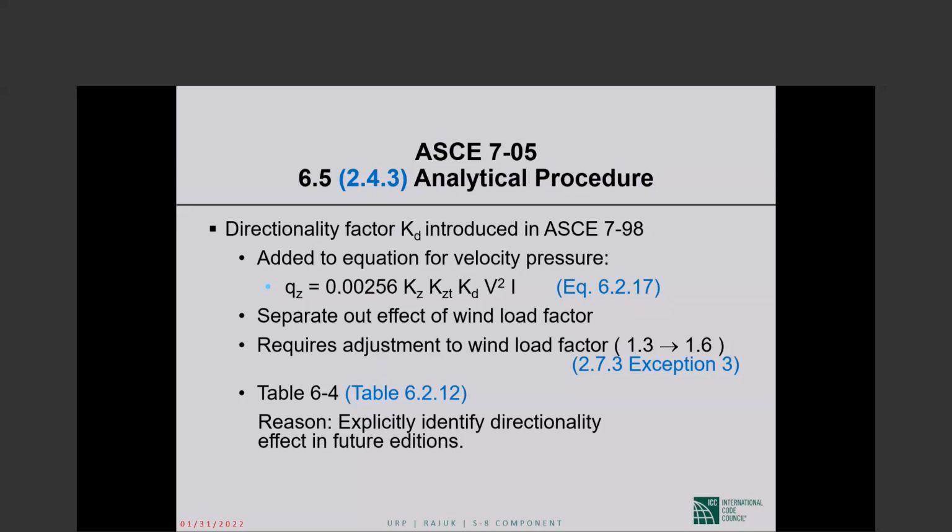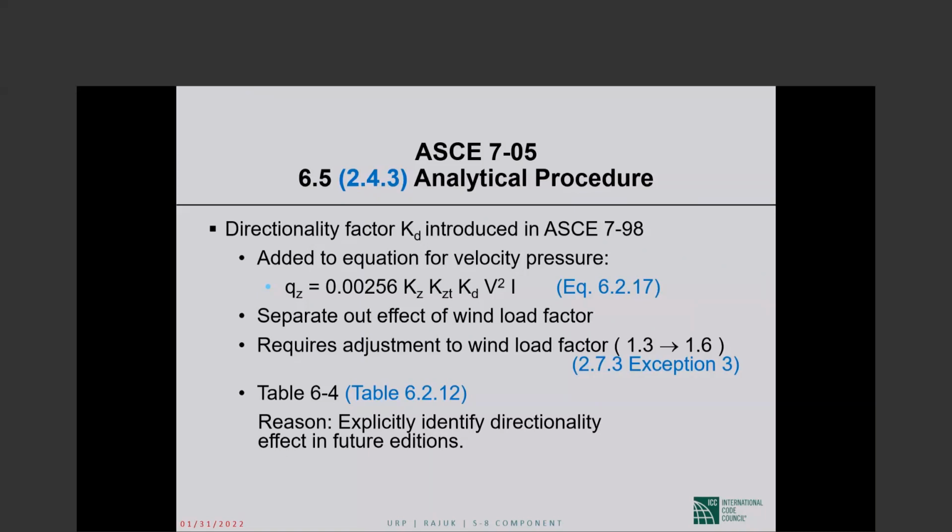So when the directionality factor K sub D was introduced, the design wind pressure of ASCE 7-98 went down 15%.